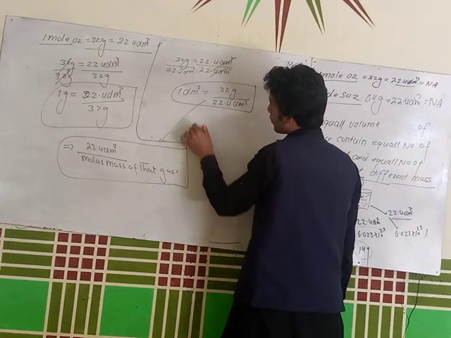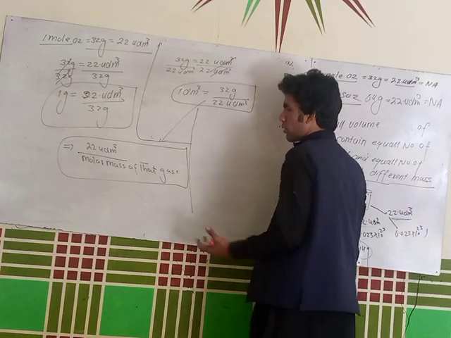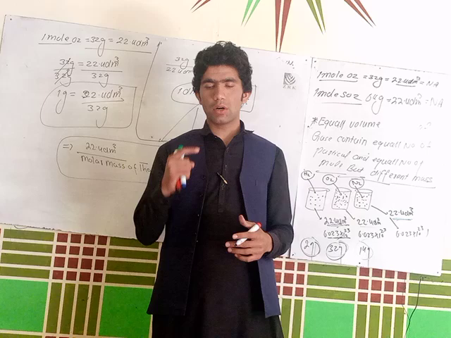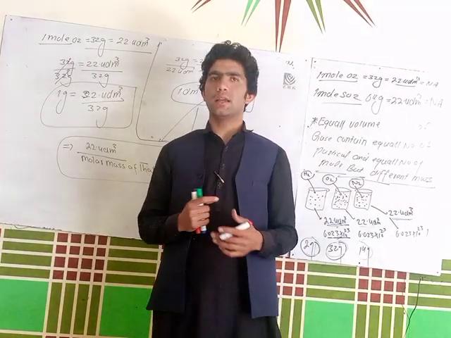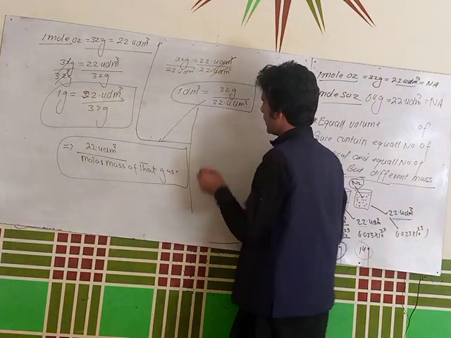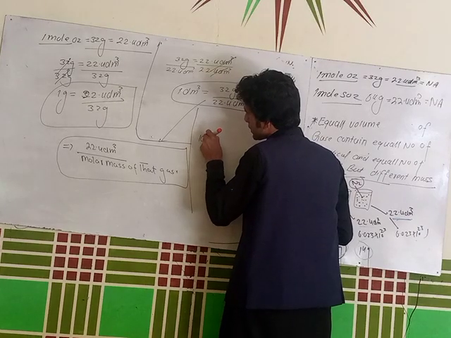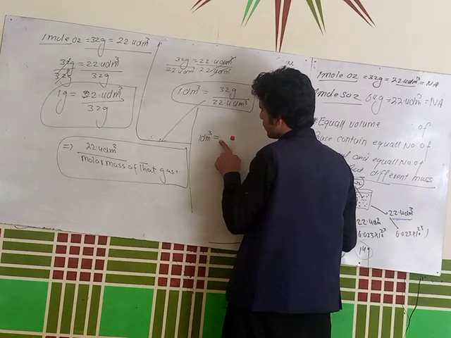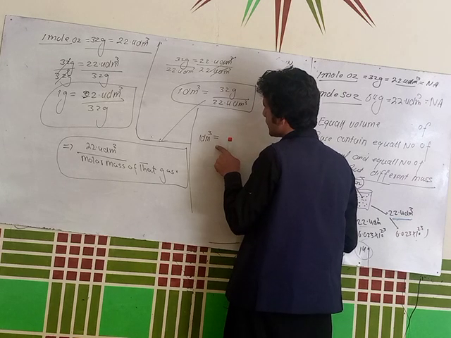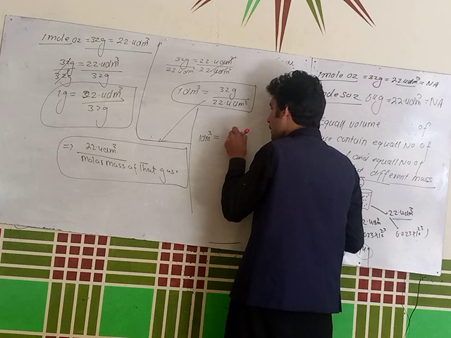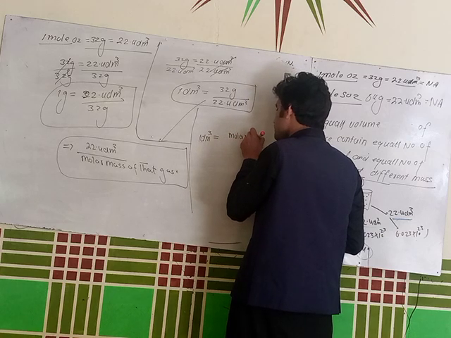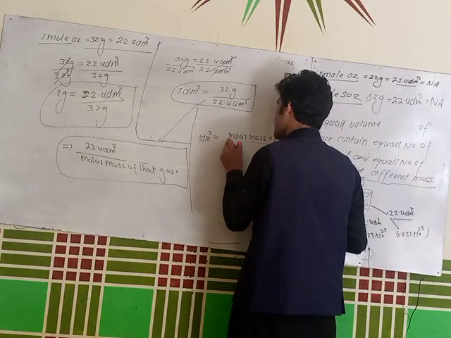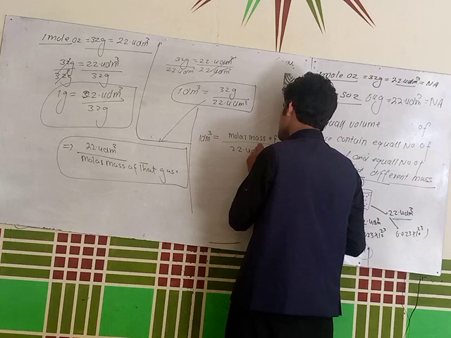So how can we calculate per single decimeter cube? If someone asks how much gas is contained in one decimeter cube volume, you can easily calculate it. The formula is: molar mass of gas divided by 22.4 decimeter cube.